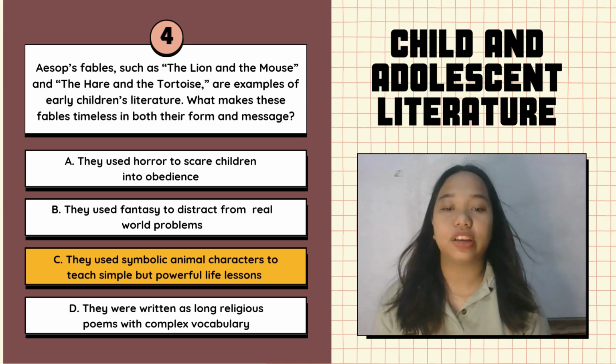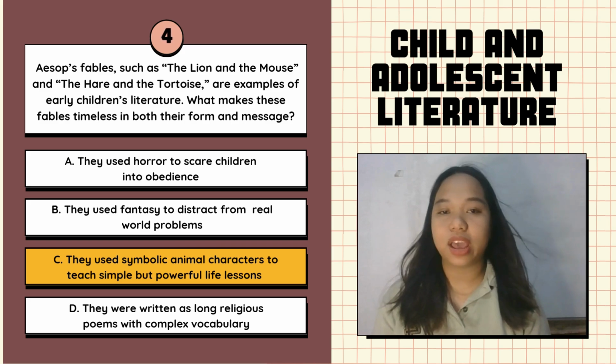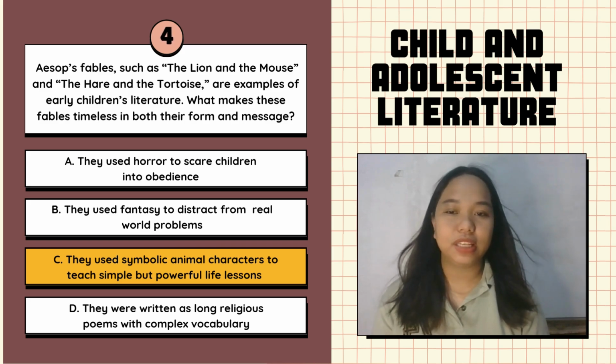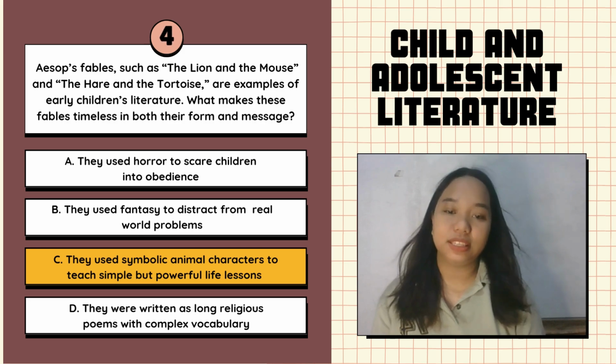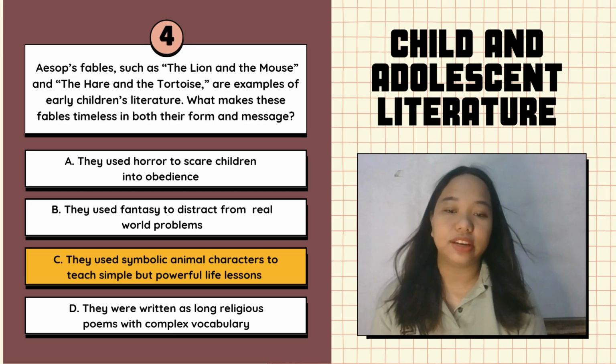These short narratives are easy to remember and are rich in meaning. Each fable concludes with a moral teaching, valuable lessons about life, such as kindness, perseverance, or cleverness. Also, the universal nature of these themes ensures that even thousands of years later, they are still relevant.